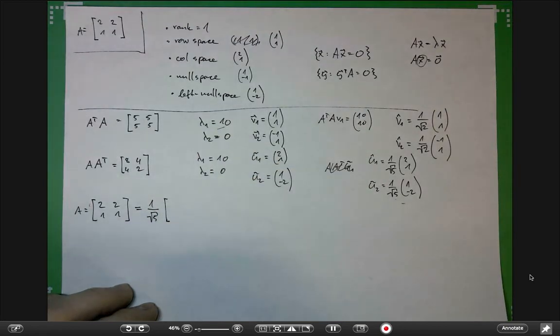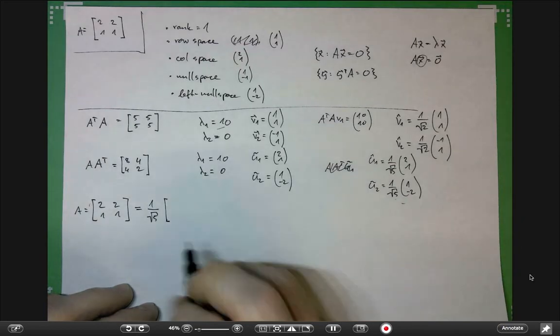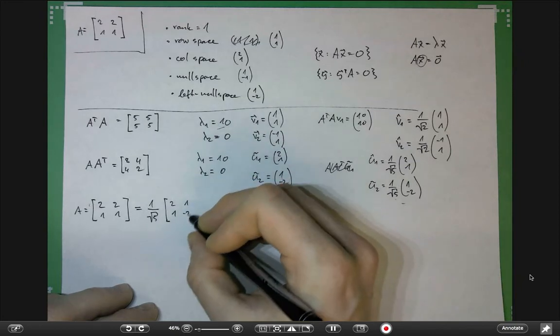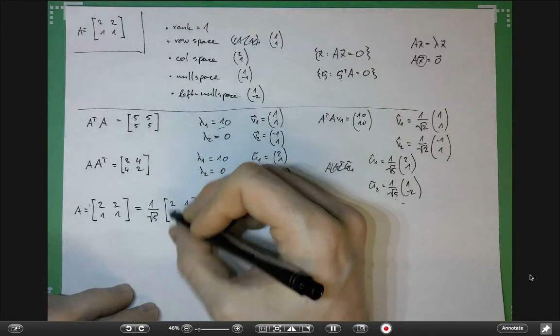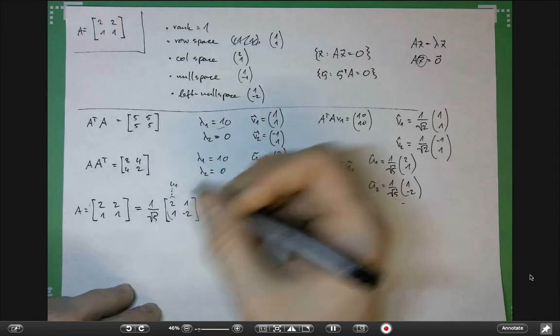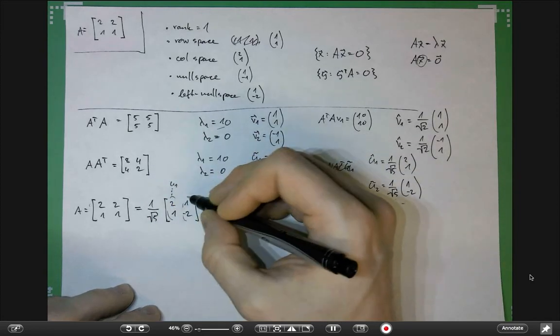What shall I put there? U1 and U2, right? So it's going to be 2, 1, and 1, minus 2. This is my normalized U1 vector, that's why I have this 1 over square root of 5. And this is my normalized U2 vector.